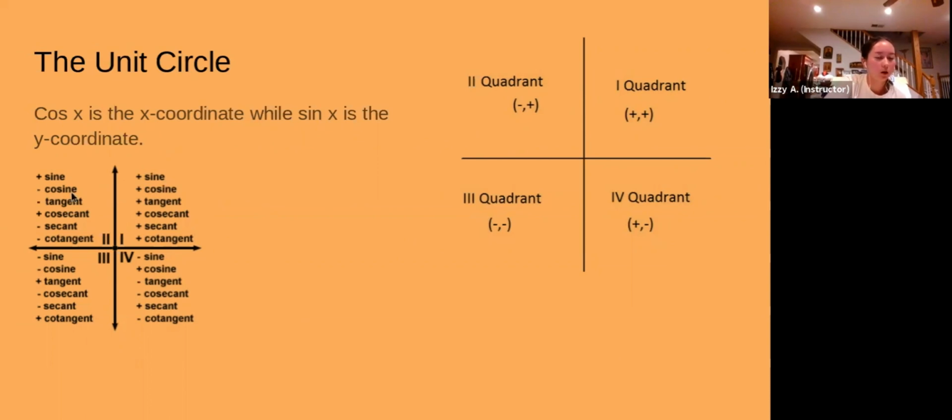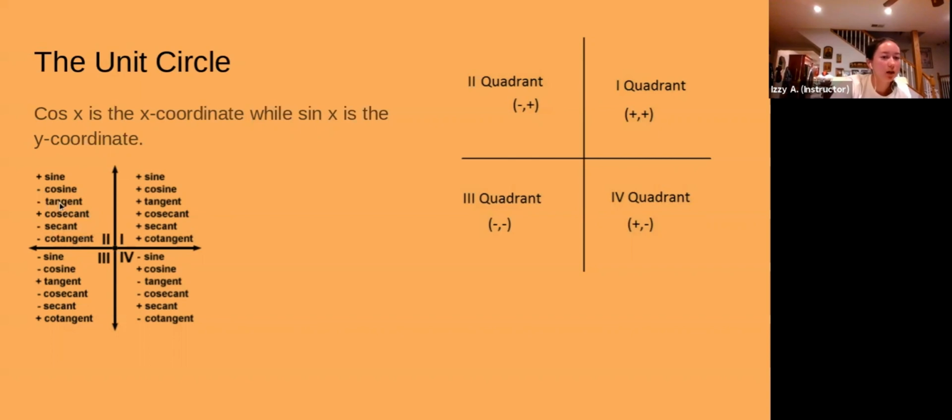In the second quadrant, sine and cosecant would be positive. Remember that cosecant is 1 over sine, so if sine is positive, then cosecant is positive. But cosine and secant are going to be negative, because if cosine is negative, then secant has to be negative, because secant is 1 over cosine.